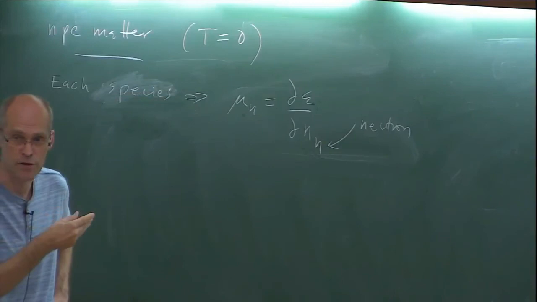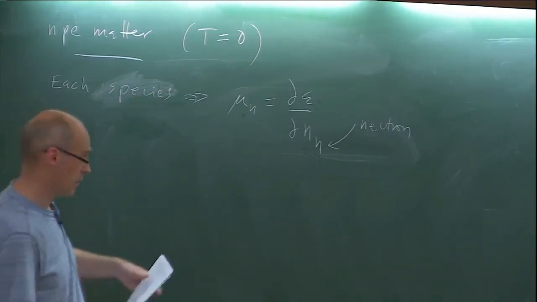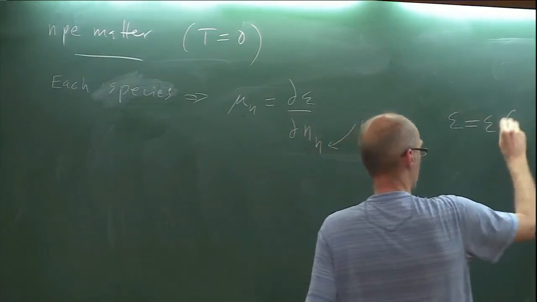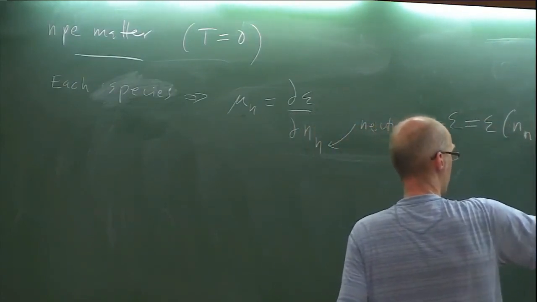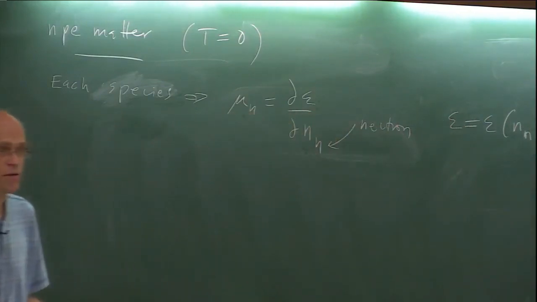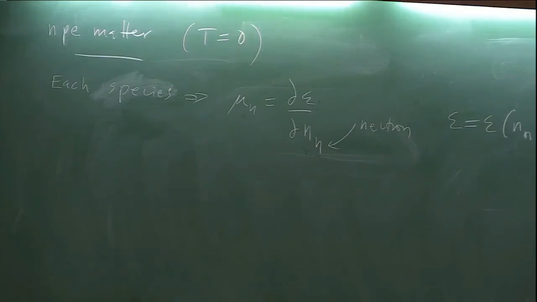Okay? I hold all the other number densities fixed to do this. So it's a proper partial derivative, where I think of the number densities as variables of the equation of state. Okay? So this epsilon is the equation of state, whatever it is. It's not the usual P pressure is equal to density. It's a higher level statement of energy.